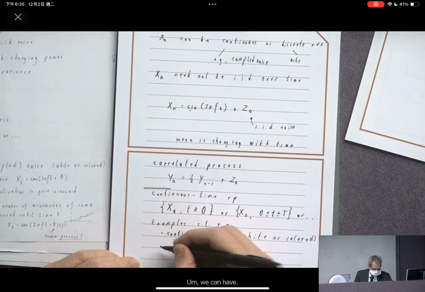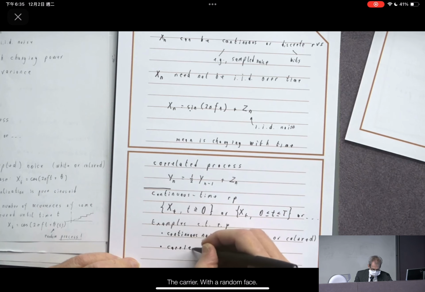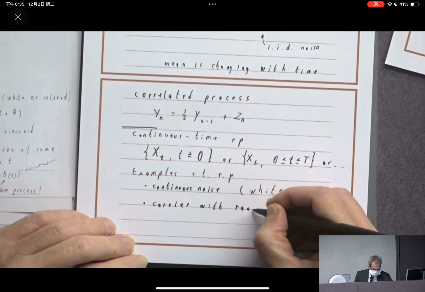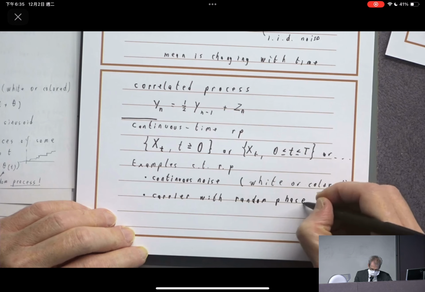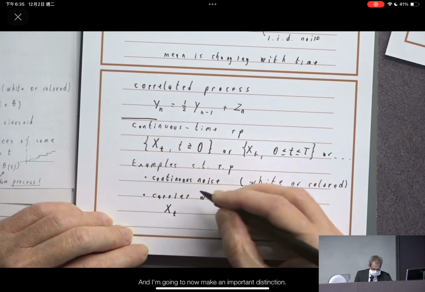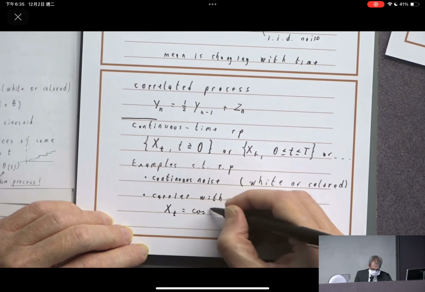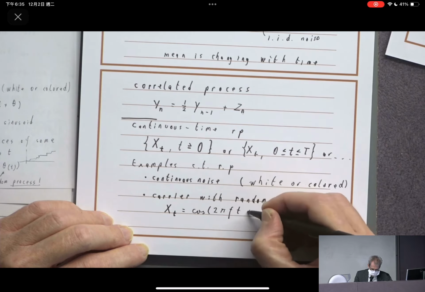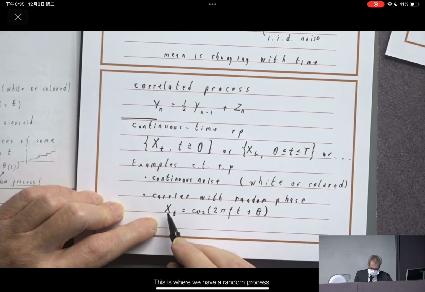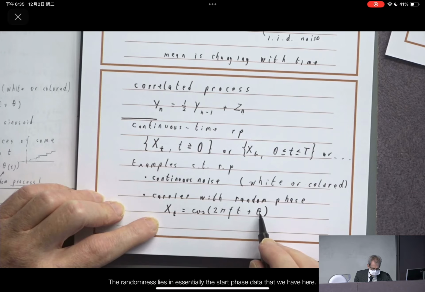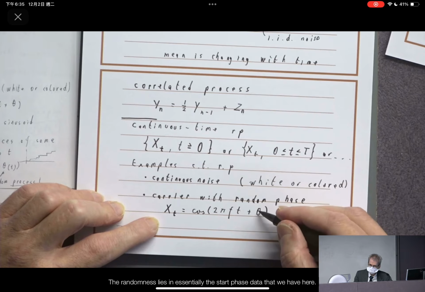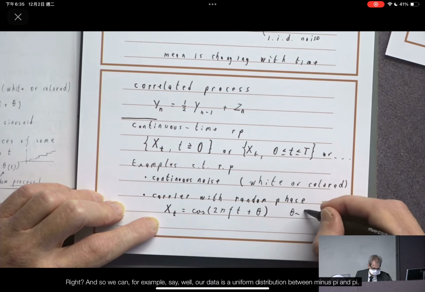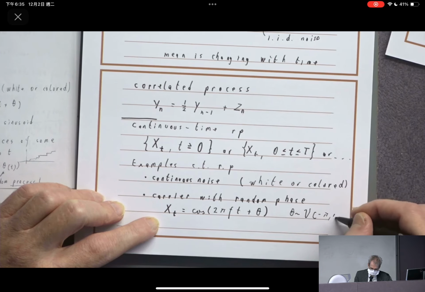We can have a carrier with a random phase. And I'm going to now make an important distinction. This is where we have a random process, and the randomness lies essentially in the start phase theta that we have here. Right? So we can, for example, say our theta has a uniform distribution between minus pi and pi.